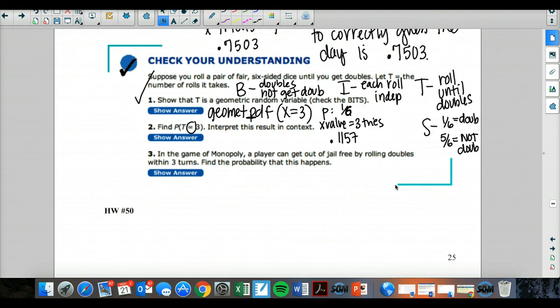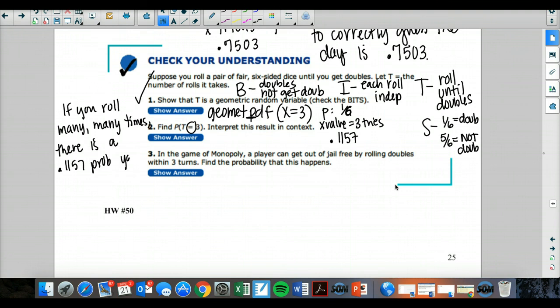So I would say, if you roll many, many times, there is a 0.1157 probability you will get doubles for the first time on your third try.